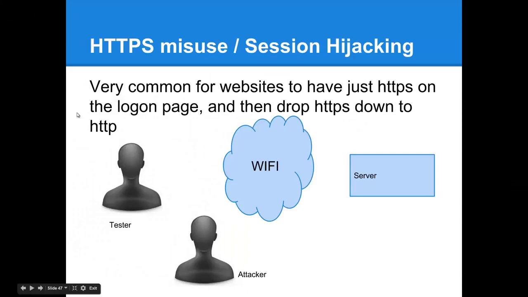So the ability to capture, intercept, replay, and otherwise tamper with HTTP traffic is relevant for the majority of web servers out there. And here's a case to illustrate. Say a user accesses the web page and logs in over HTTPS.